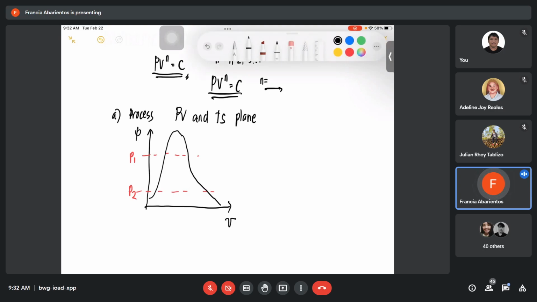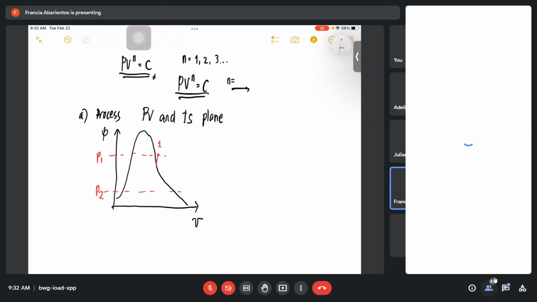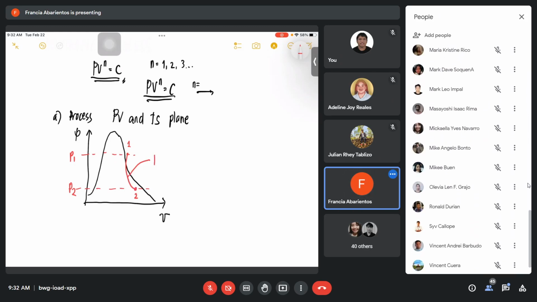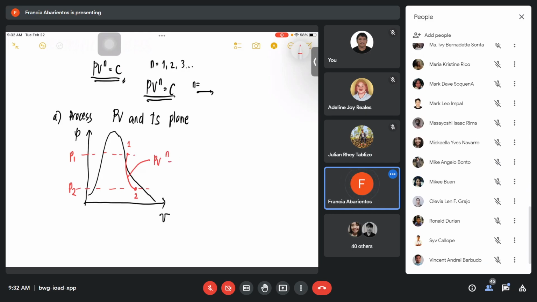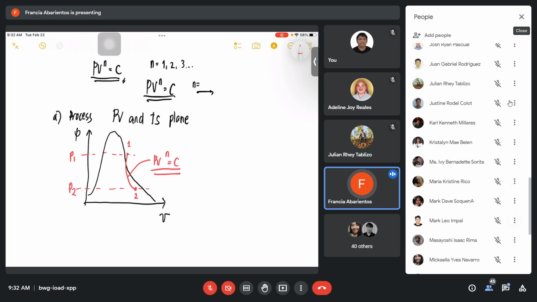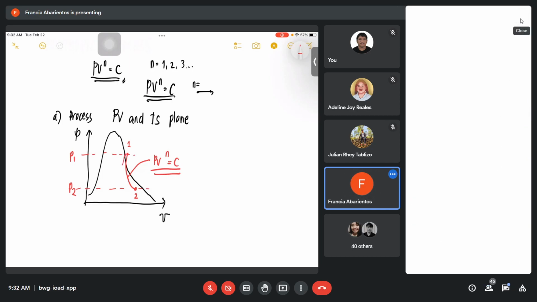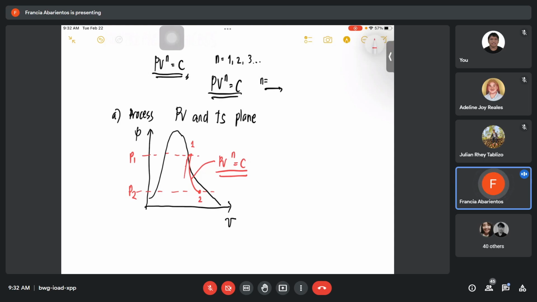From process point 1 to point 2, ang tawag nito, class, is the PVN. Pag ganito, nagkukurba. Pag nagkurba yan, ang tawag dito is PV raised to N is equal to C. Kadalasan kumukuha ka dito ng straight from point 1 to point 2. From point 1 to point 2, may makikreate kang shaded portion.